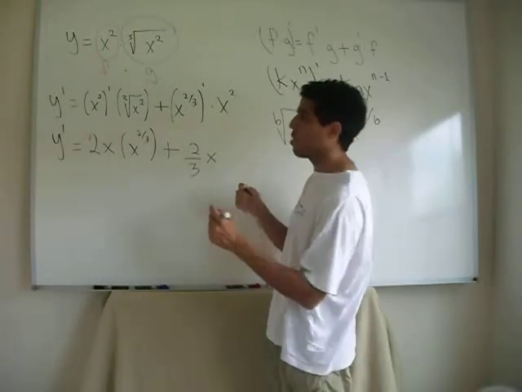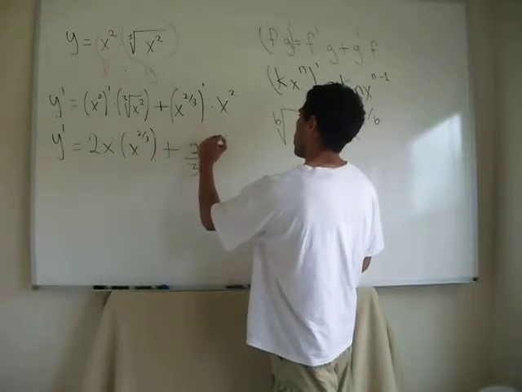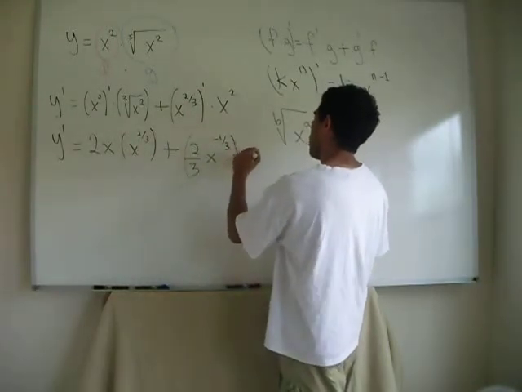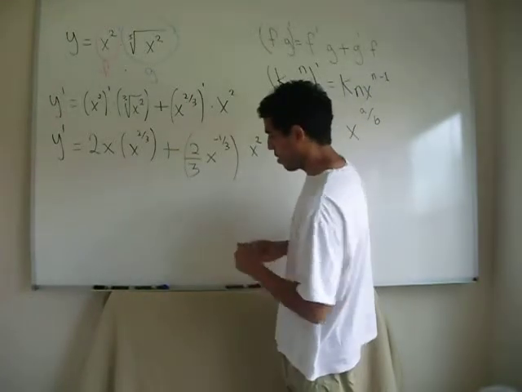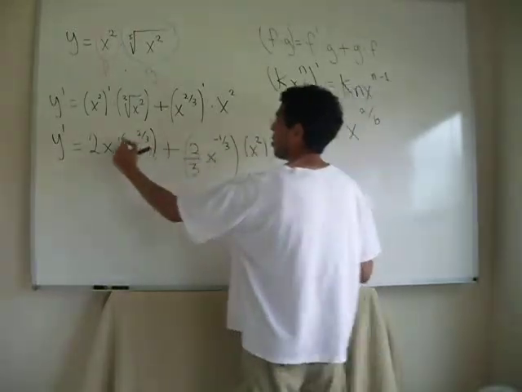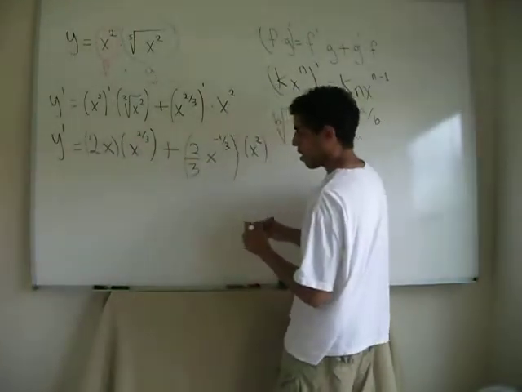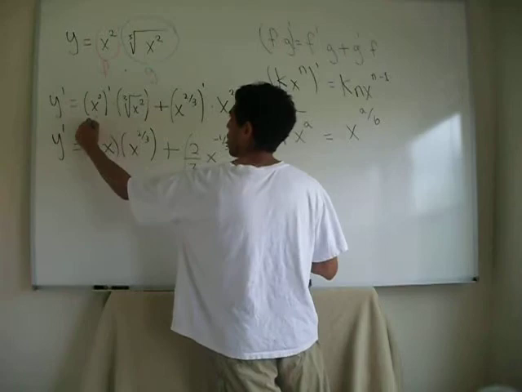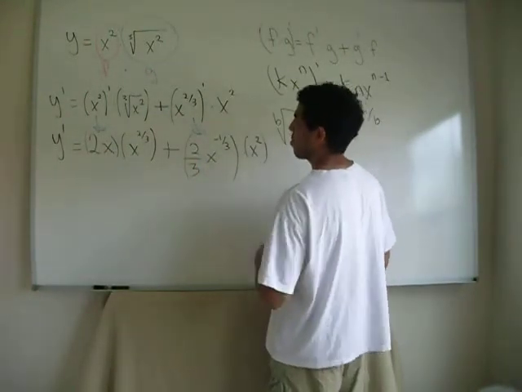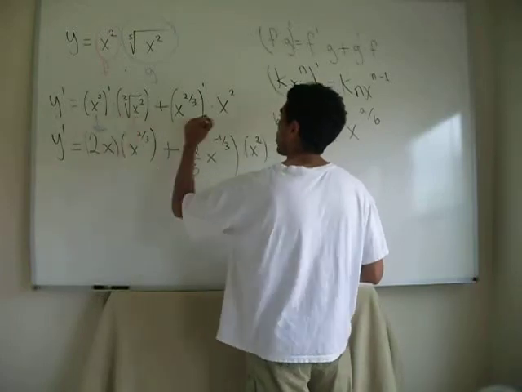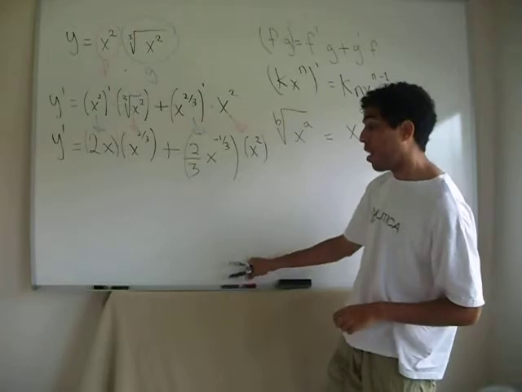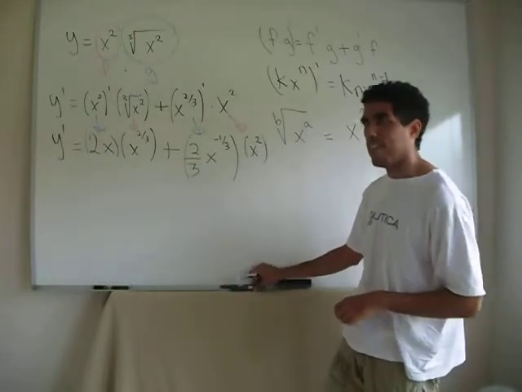So it's minus 1/3. Multiplied by x squared. Okay? We can even draw a few arrows so you can see what happened right here. I've just executed the derivatives of f and g. Right here and right here. Okay? And now all we have to do is simply simplify. Simply simplify. That sounds kind of fun, right?